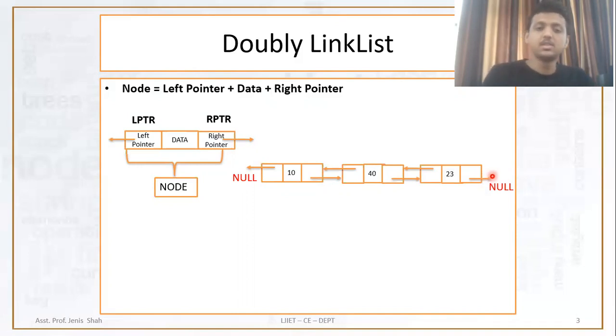As you know, in a singly linked list we have a first pointer. Students, why are we using the first pointer? The first pointer shows the address of the first node of the list.